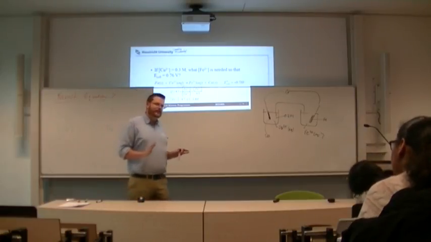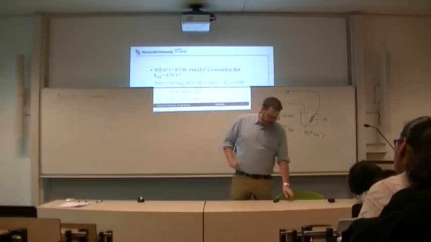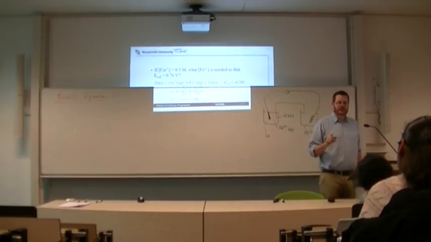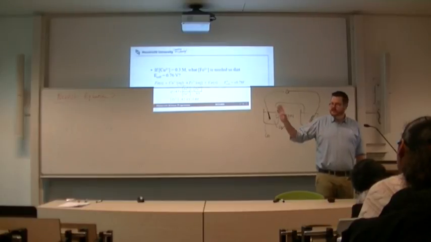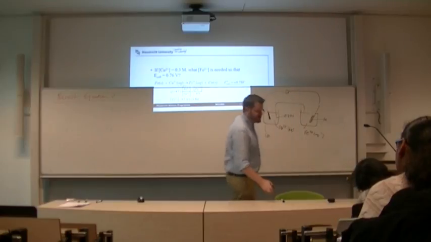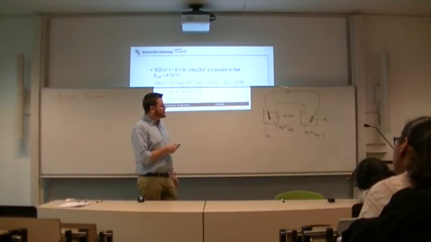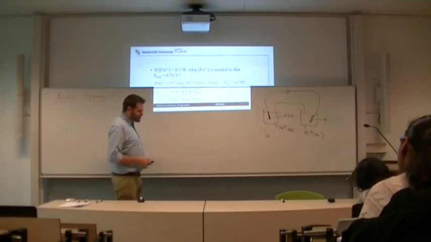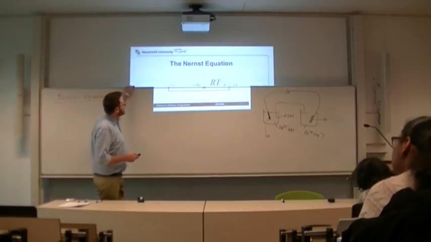Now this is beautiful, because by tuning the concentration, we can fine-tune the potential. We're not restricted to those potentials we see in the table. If I change the concentrations in these half cells here, I can change the overall potential. That's great. So let's look at the Nernst equation again.